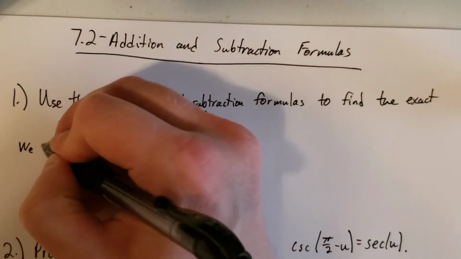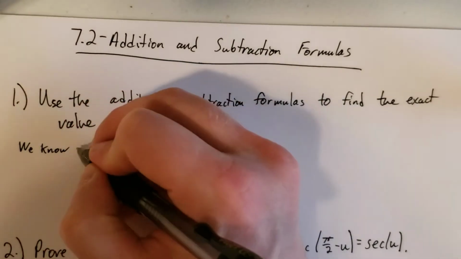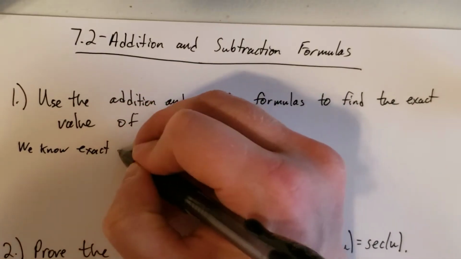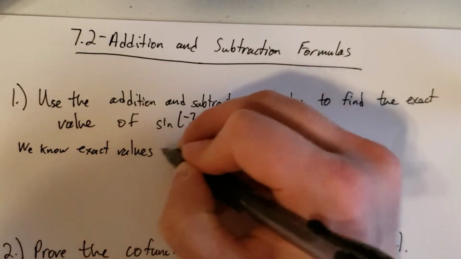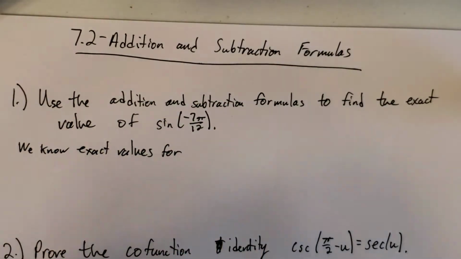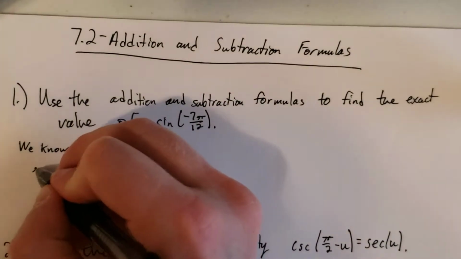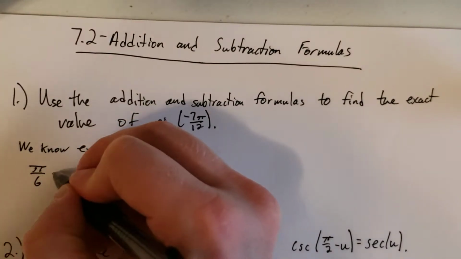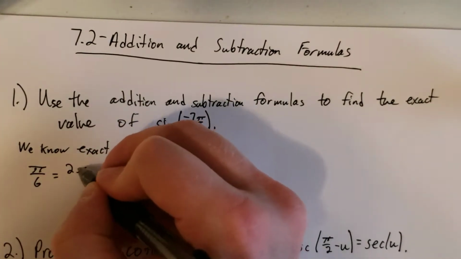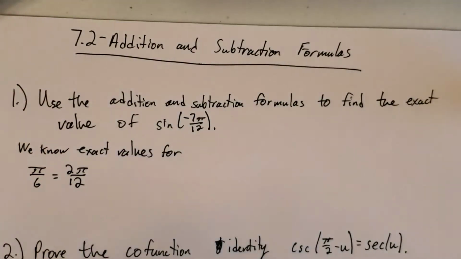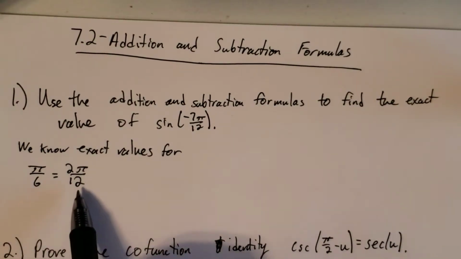So we know exact values for, and I'll write this out, pi over 6, which is the same as 2 pi over 12. Now, why did I make that conversion to be out of 12?